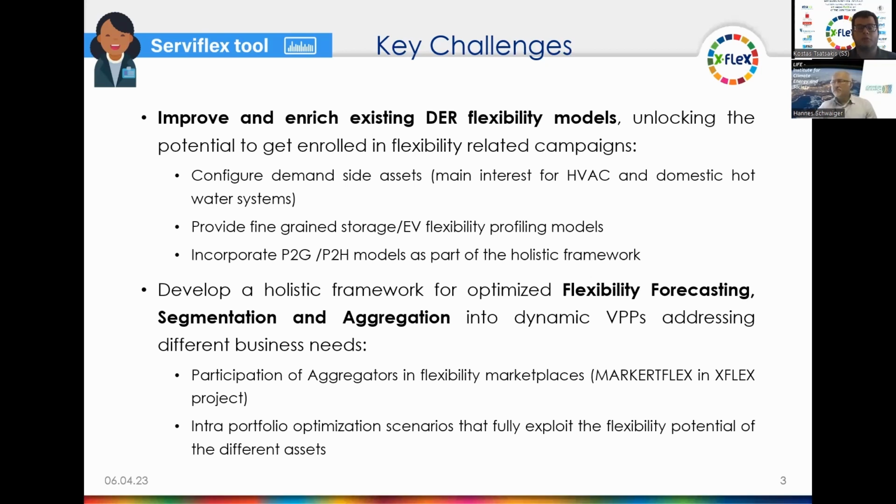That means that we have to be able to provide services to the evolving flexibility markets. And we have one of these types of markets in the project named MarketFlex. And also how we can ensure that the assets that consist of the portfolio of the aggregator can optimally operate, addressing also intra-portfolio business needs.